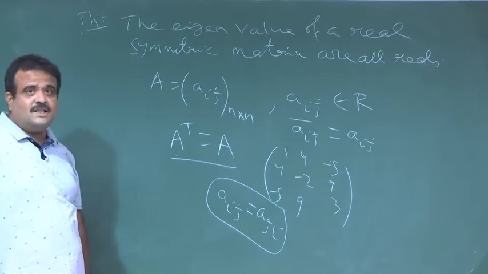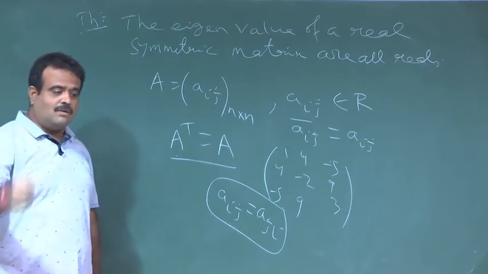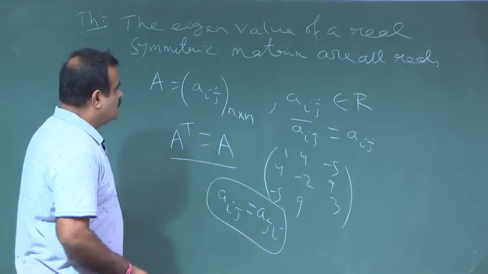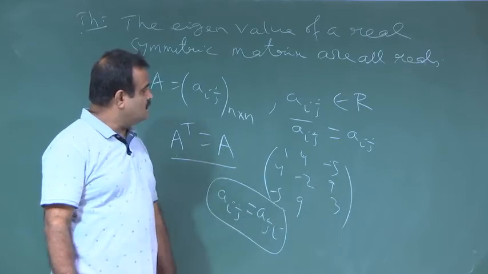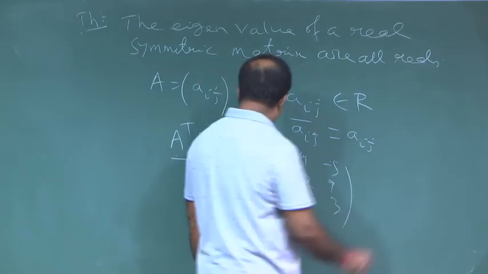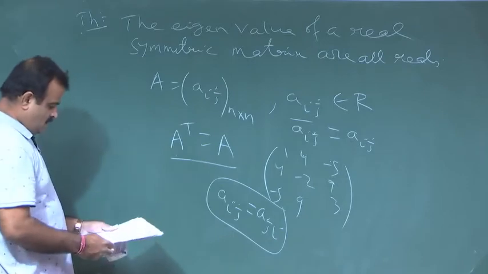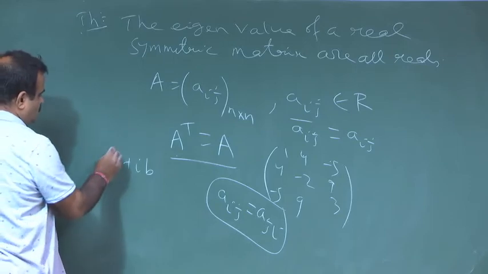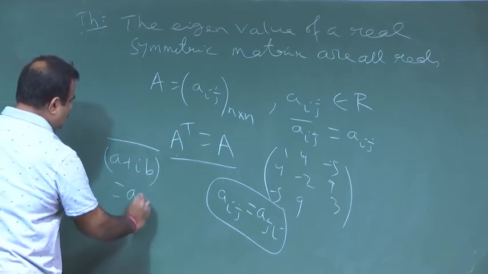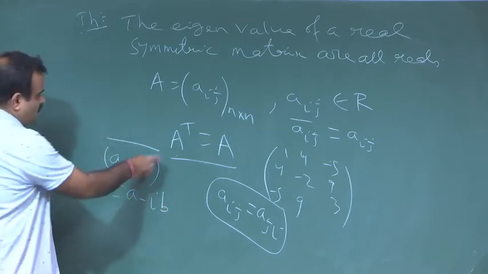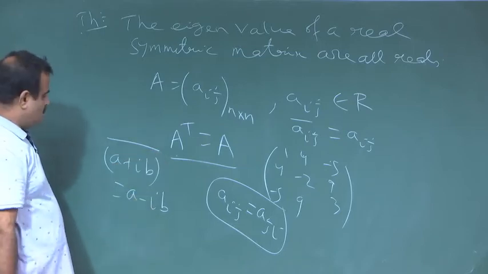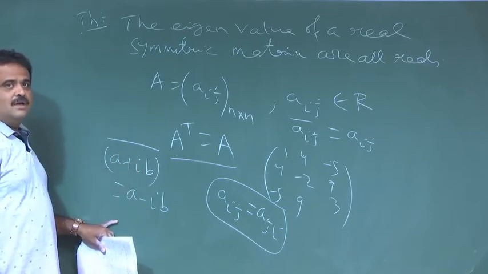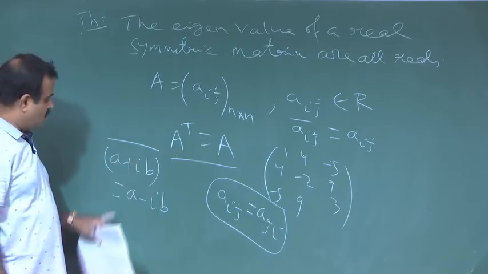So, now this theorem is telling, if you have a symmetric matrix and all the coefficients are real, that means the conjugate of A is the same as A. Conjugate means if you have a complex number a plus i b, then the conjugate of this is defined as a minus i b. But if b is 0, then it is called purely real, then a conjugate is the same as a, and if a is 0, it is called purely imaginary.